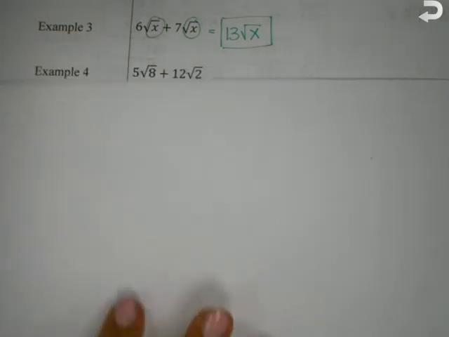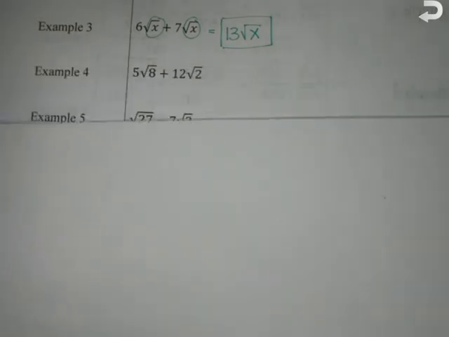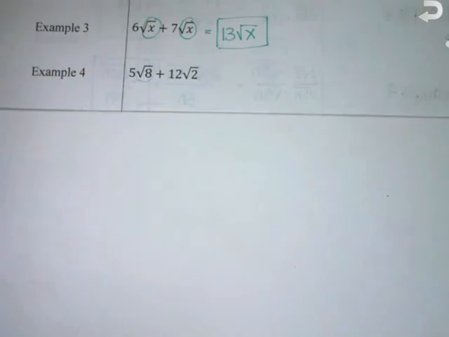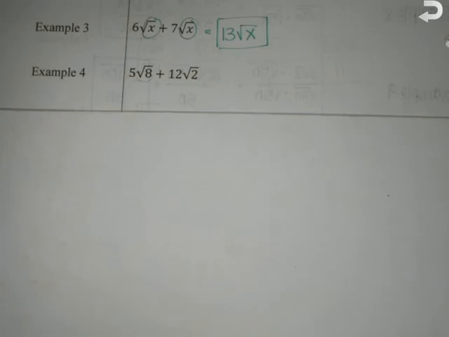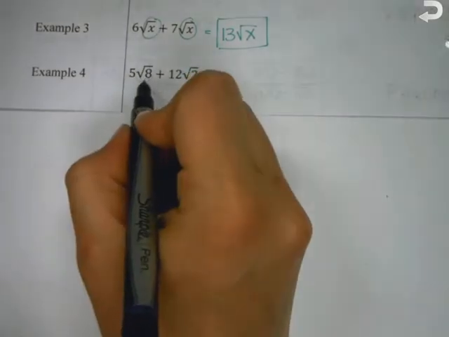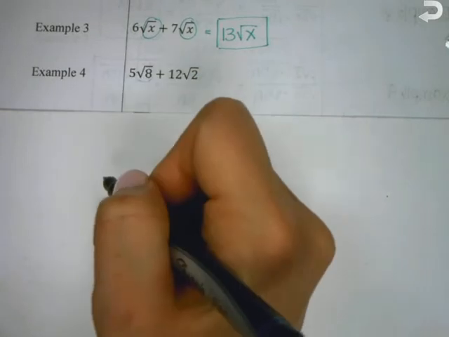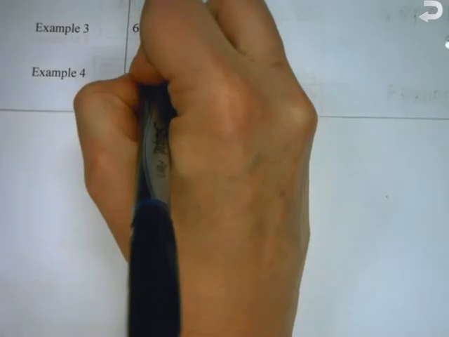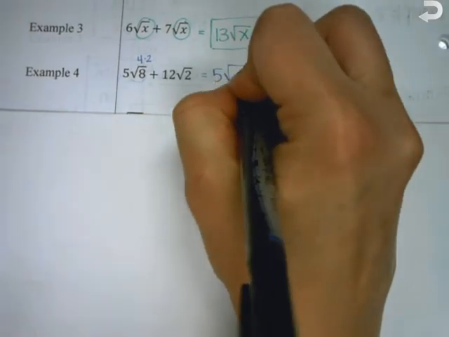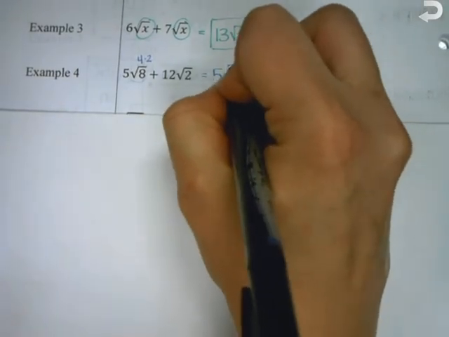Example 4. 5 root 8 plus 12 root 2. Are these like radicals? No. But is this one as simple as possible? No, I can simplify that. How can I break down 8 using perfect squares? 4 and 2. So this is 5 square root of 4 times 2 plus 12 root 2.